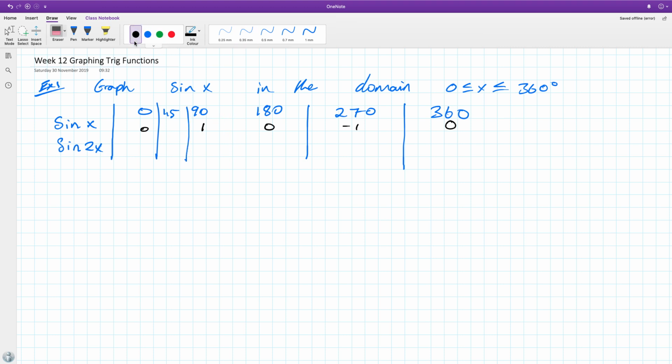So 45 onto 90 is 135, 45 onto 180 is 225, and 45 onto 270 is 315.